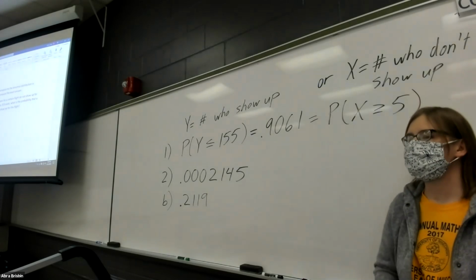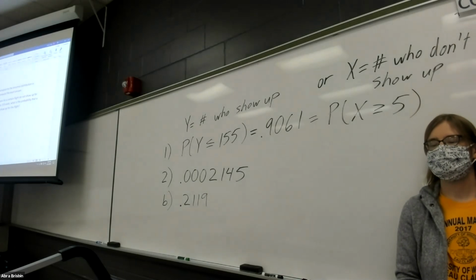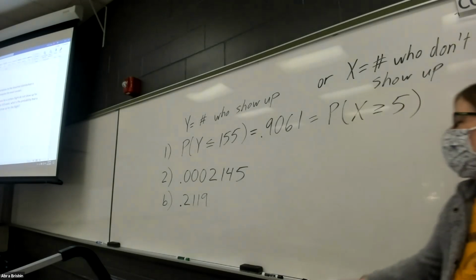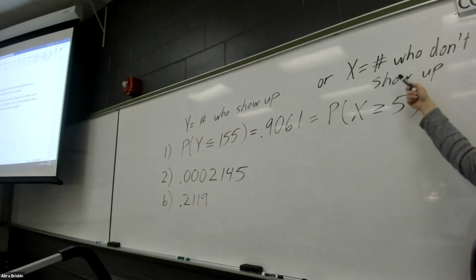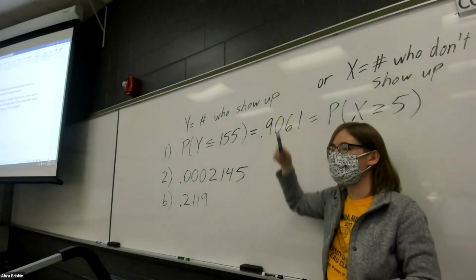All right, are there any questions about these problems that you've been working on? The main thing I saw was a couple people were solving problem 1 in terms of the number of people who didn't show up instead of the number of people who did show up.